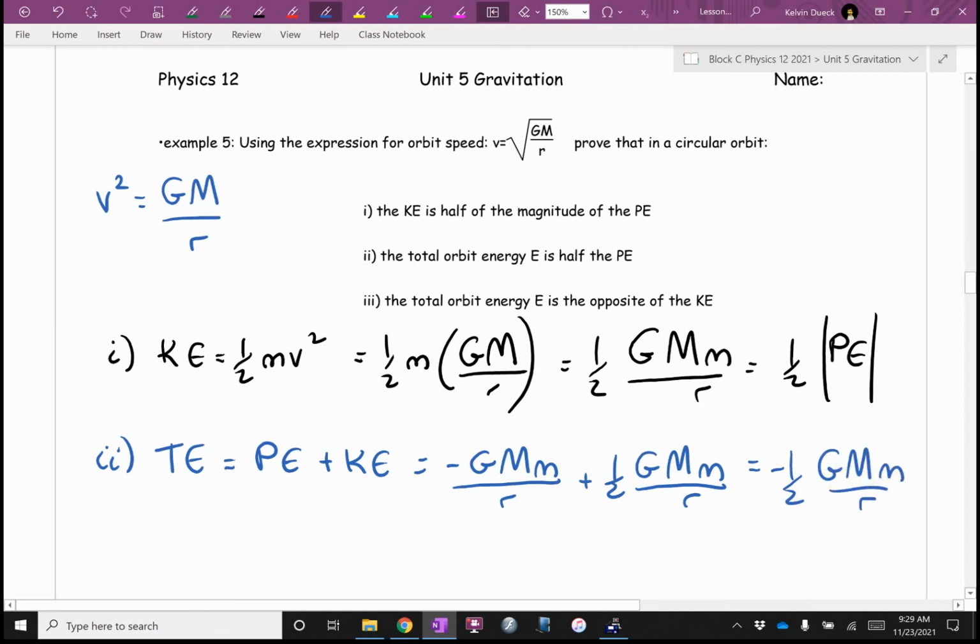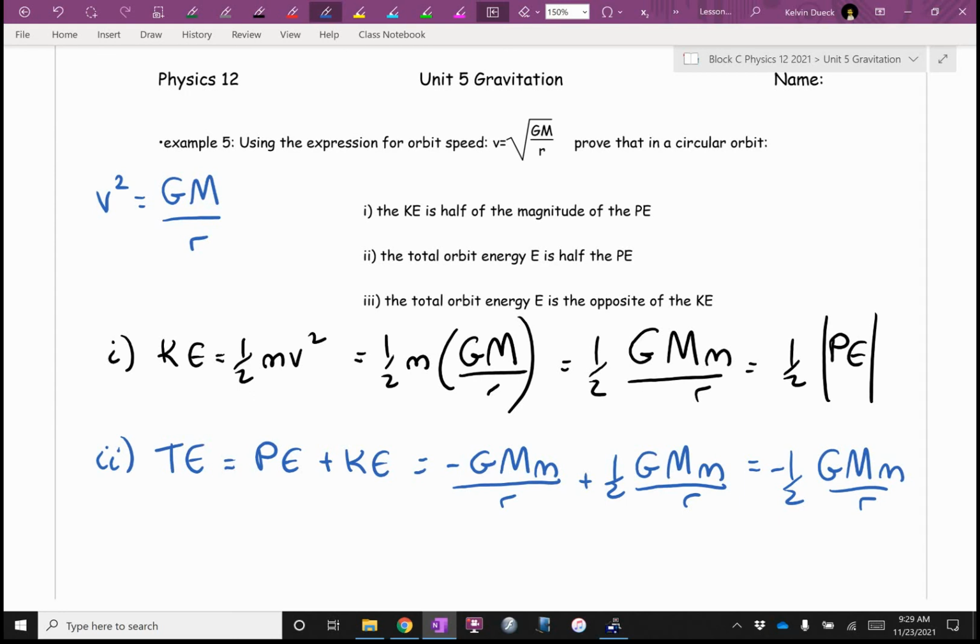Kiana, can you read to me statement 2 again? What we're trying to prove? Stop. There's the total energy. Is what? Half of that. Yes, it is. Again, can you survive just fine without that? Yes. But could you use this as an error check if you wanted to see if you'd done something right?